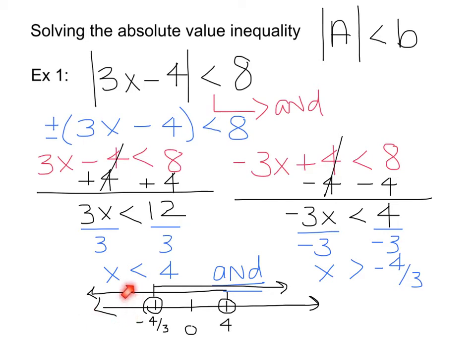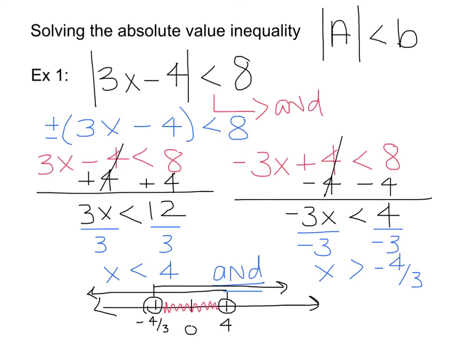In this region right here, are both inequalities true? No. In the middle, are both inequalities true? Yes. And on the right-hand side, are both inequalities true? No. So just in between negative 4 thirds and 4 should be colored in.